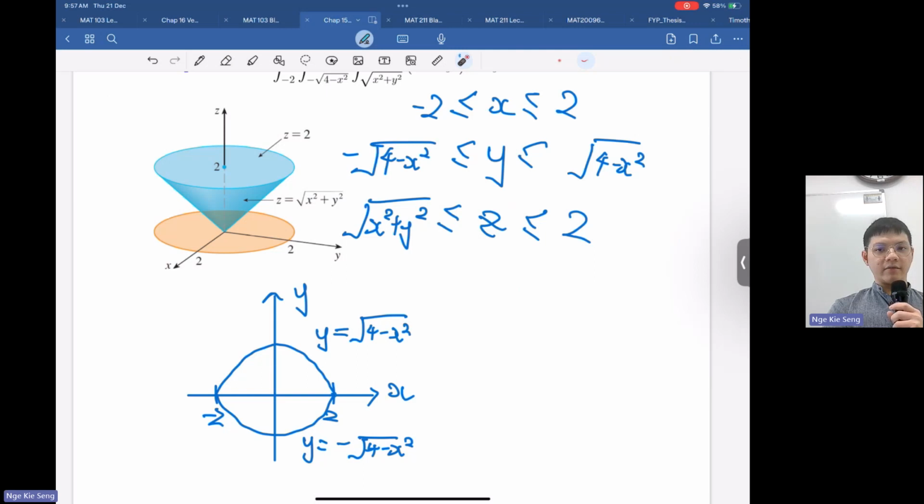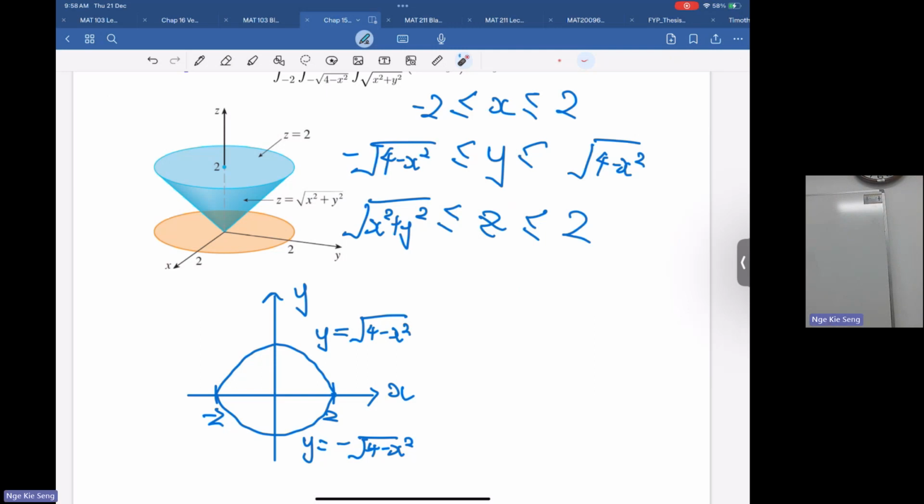So what kind of coordinate is suitable for this shape? Cylindrical. When you think of which coordinate to use, you should think: can I cut this shape from a sphere or not? Can I cut this shape from a cylinder or not?